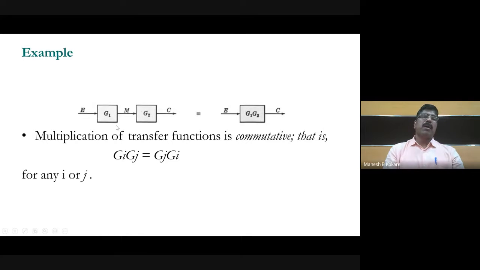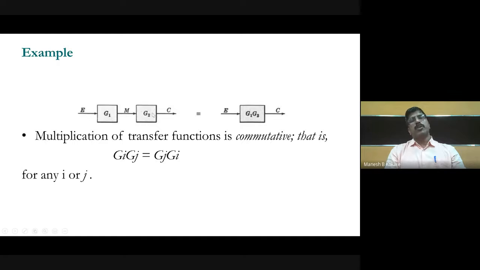For example, E is the input, and G1 and G2 are the two blocks connected in cascade. Now what will be the output M? M will be equal to E multiplied by G1. Now what will be the output C? That will be equal to E into G1 multiplied by G2, because M is nothing but E into G1, and this M is given as input to G2, so it gets multiplied with G2.